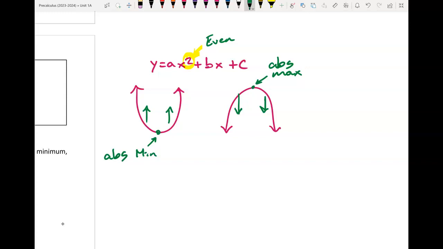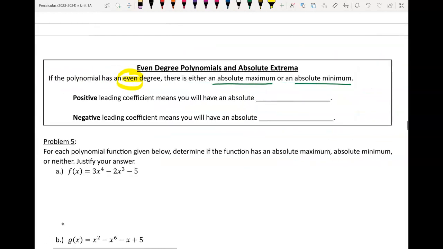And how do we know if we're opening up or opening down? Well, that's our leading coefficient, that a term, and this one is greater than 0. So if our leading coefficient is positive, then we're opening up and we have an absolute minimum. If our leading coefficient is negative, then we're opening down and we have an absolute maximum. So that's what we're saying here. A positive leading coefficient means you will have an absolute.